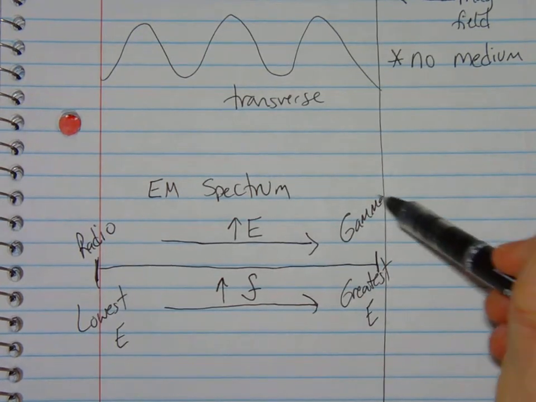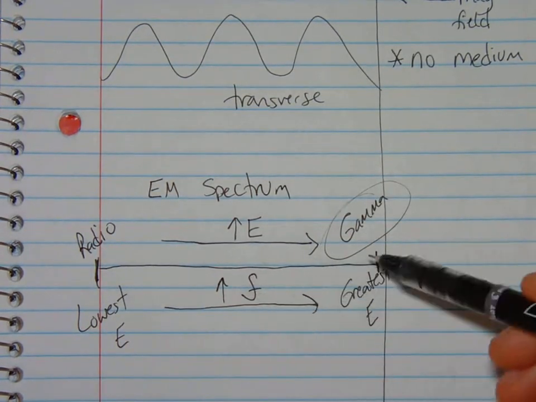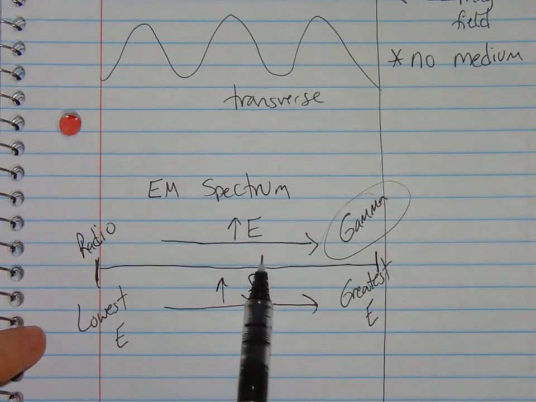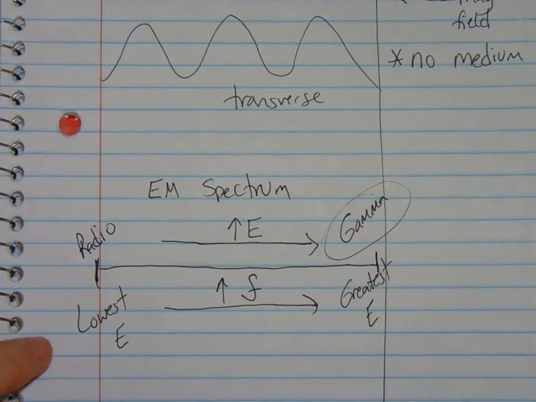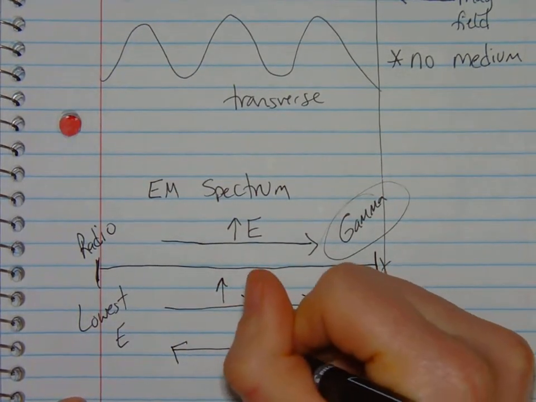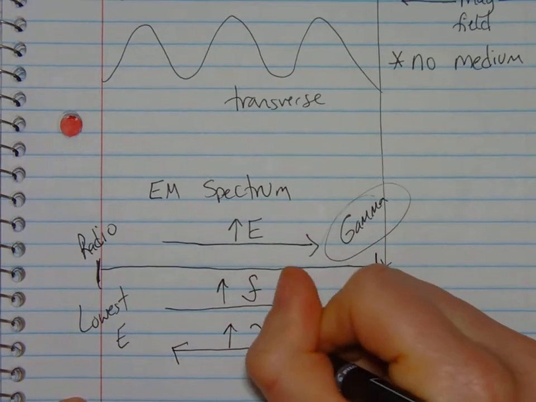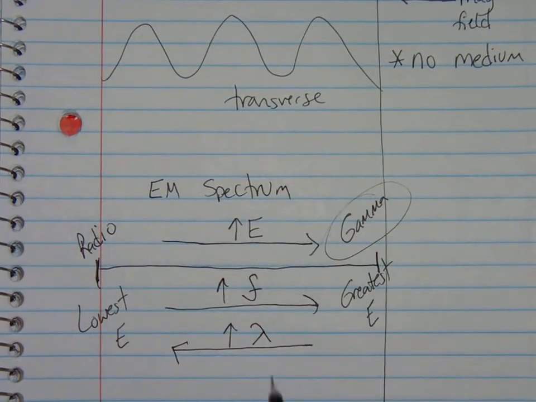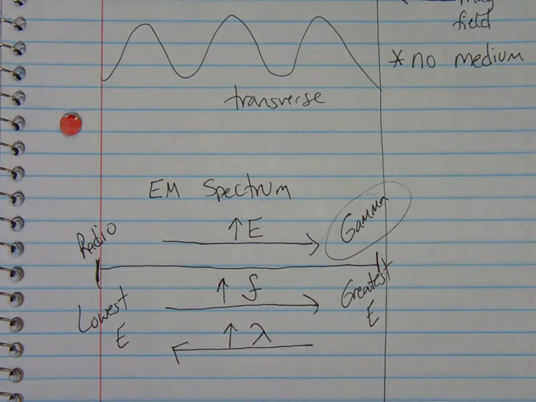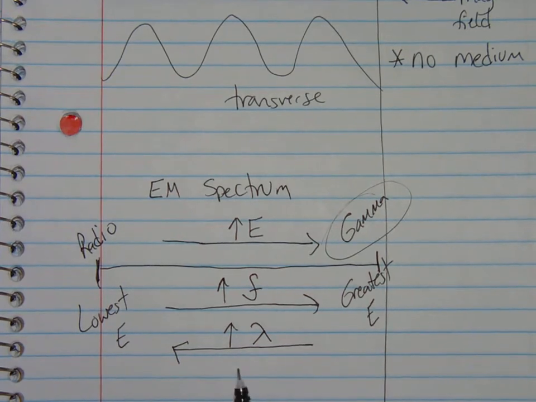If they have more energy because of this higher frequency, that means wavelengths increase as you go the opposite way. The distance between crests, or between troughs, increases as we shift towards the radio end. They get farther apart, so that makes it a lower frequency, longer wavelength wave.